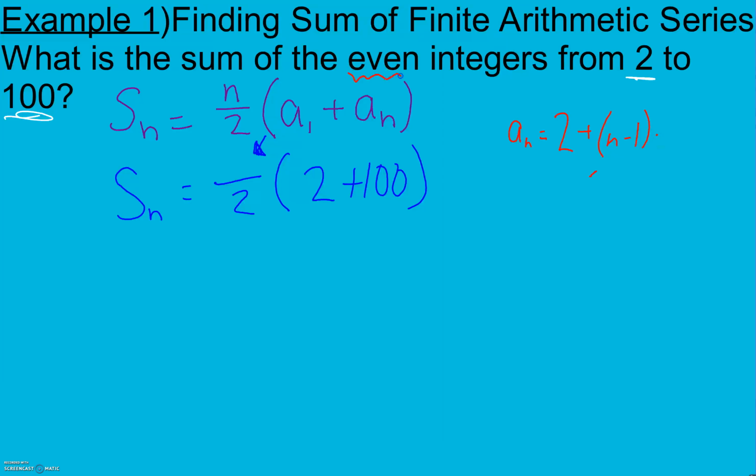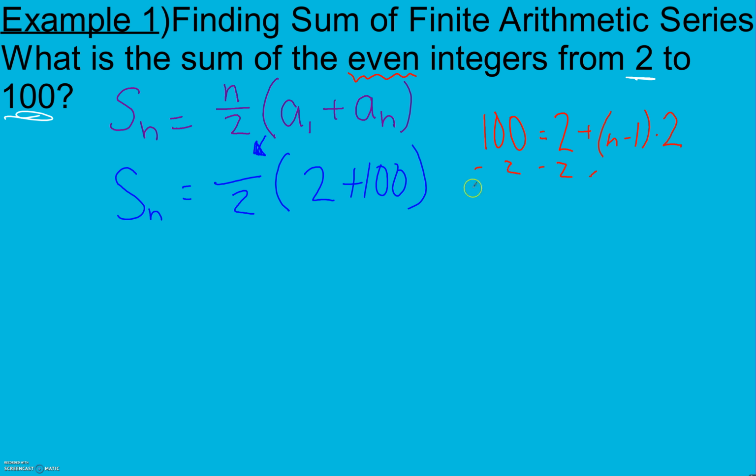We want even integers, so our common difference is 2. The other term we know here, our final term, is the 100. So we can solve this for n.